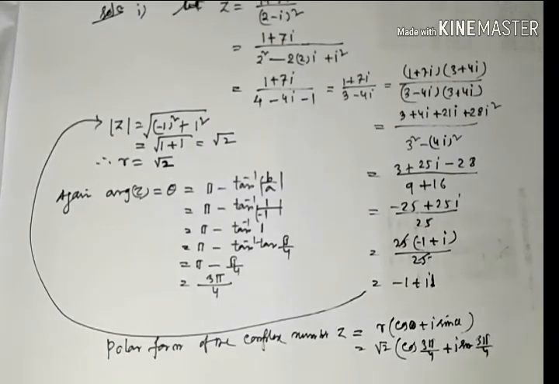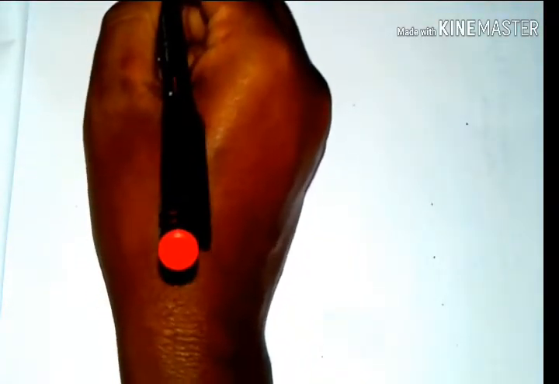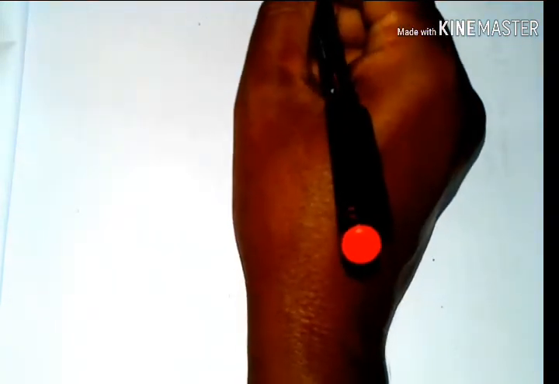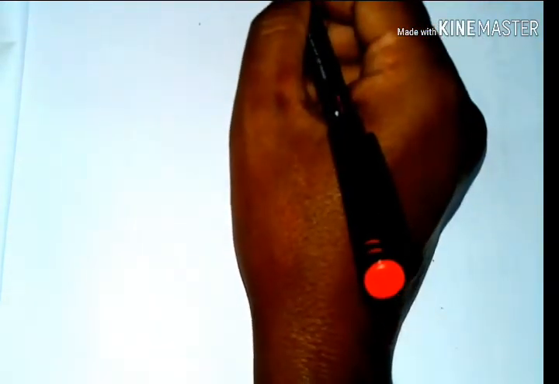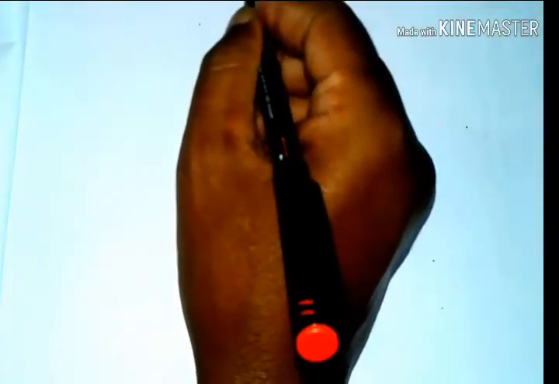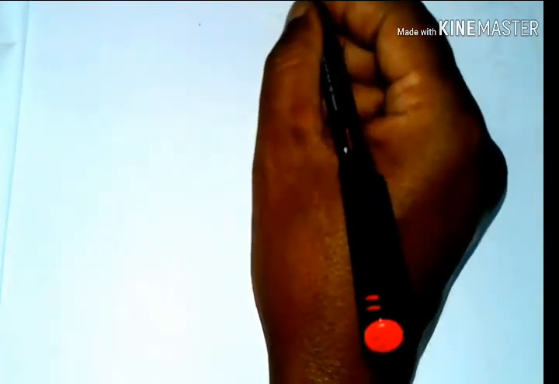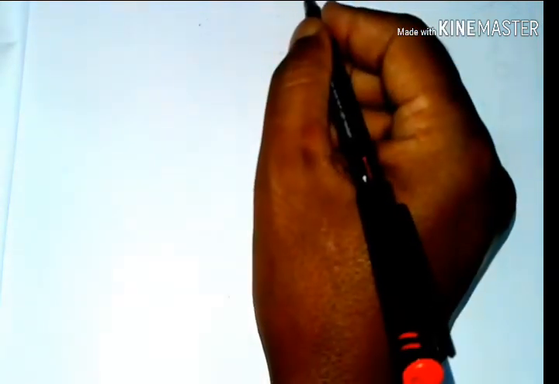Now solution of problem number 2, that is 1 plus 3i over 1 minus 2i. Solution 2. Let z be equal to 1 plus 3i over 1 minus 2i. Here also we have to rationalize it, or we have to remove i from the denominator.